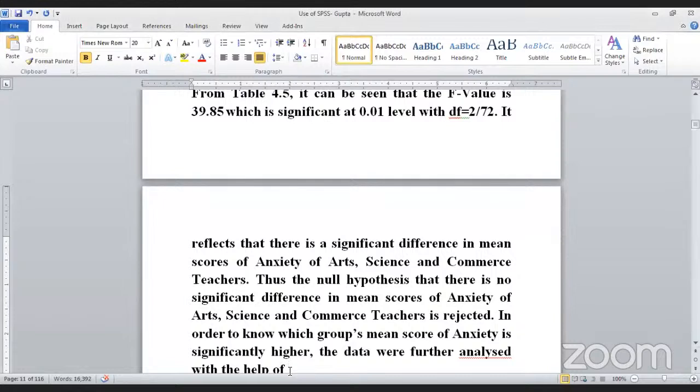Were analyzed with the help of Duncan's multiple range test.